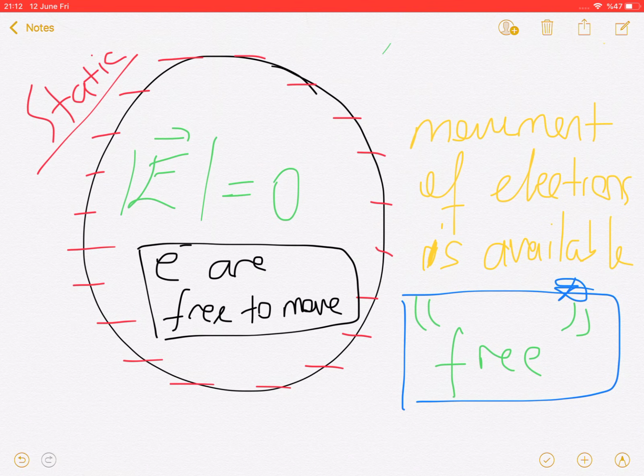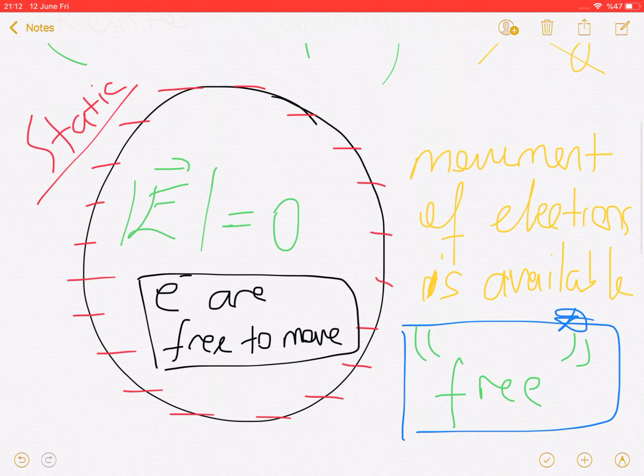Let's make a really quick outline of the static case. When I say the conductor in the static case, you should think electrons can move in the conductor. They have free movement.